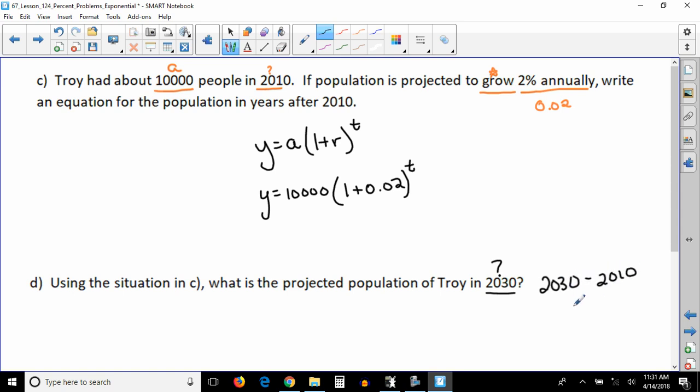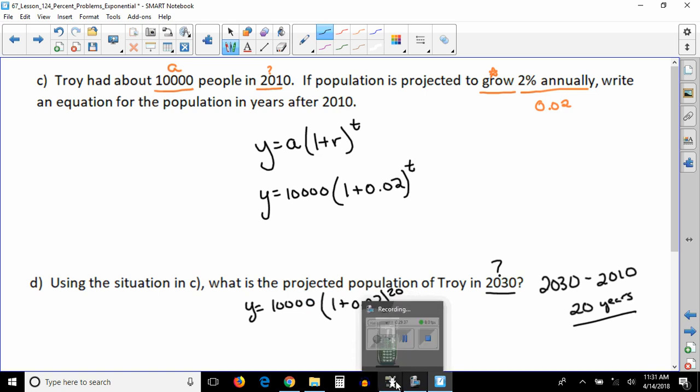And the answer is it is 20 years. So if you were plugging that number in for your t, your equation would be y equals 10,000 parentheses 1 plus 0.02, and you can add those if you wanted to and make it 1.02 to the 20th power.